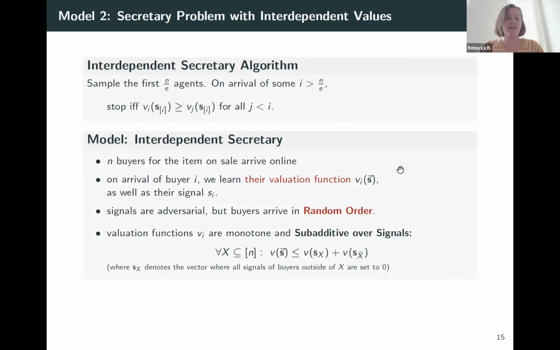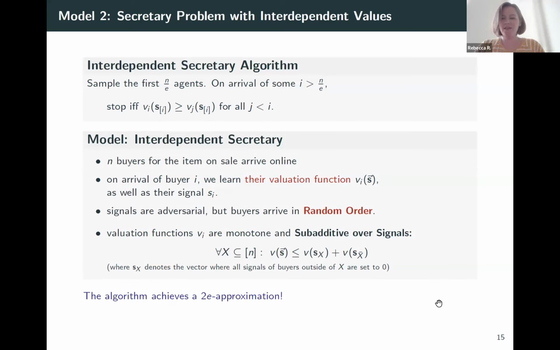I have written it down here as an overview. So the model difference to the profit setting that we can achieve with the secretary assumption is that also the valuation functions only become public at the point the buyer arrives. And we can, as I said, now also approximate in the far-sighted setting. So agents can depend on the signals of later agents.